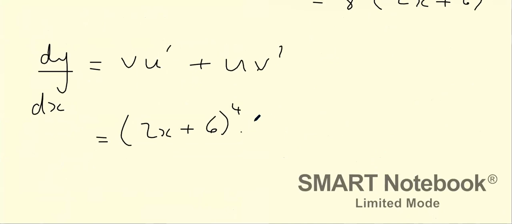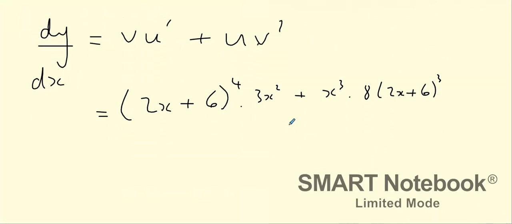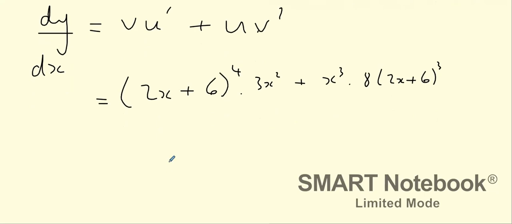Times by 3x squared plus x cubed times by 8 lots of (2x + 6) cubed. So if you get up to this stage, you know you're going to get most of the marks for the question. Okay, so as long as you got up to here, that's fine.